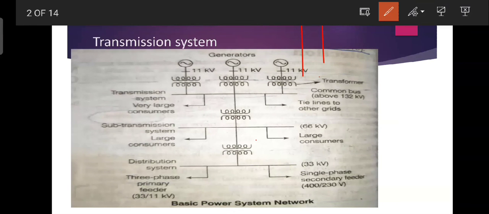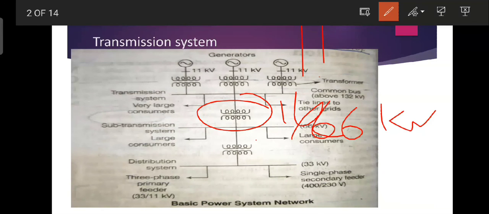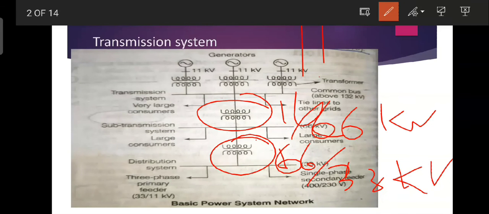So first 11 kV will be transformed to 66 kV, then 66 kV will be converted to 33 kV, and then 33 kV will be converted to 11 kV by a step-down transformer, and 400 volt is converted to 230 volt by a step-down transformer. Okay, it is clear to you? I think it's clear to you. Then go to the next slide.